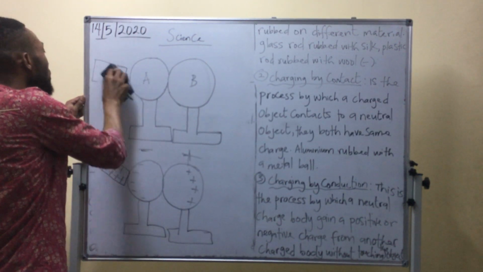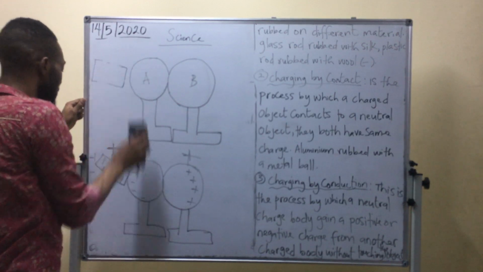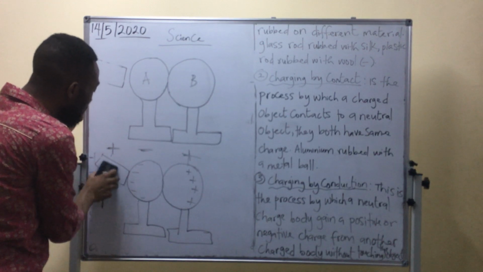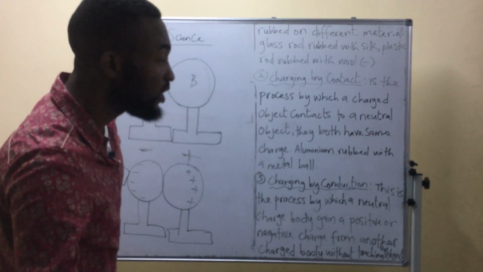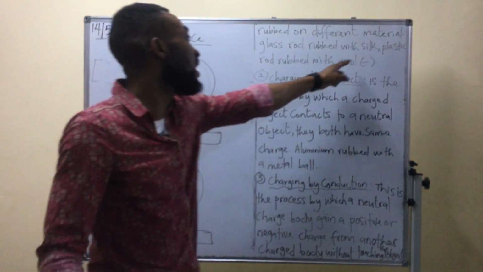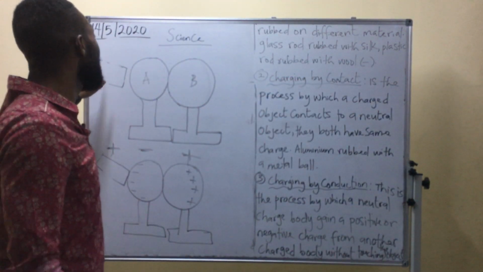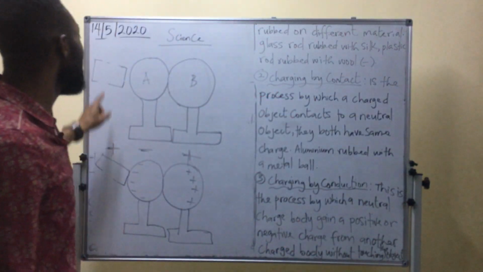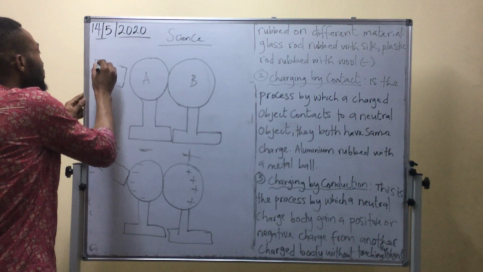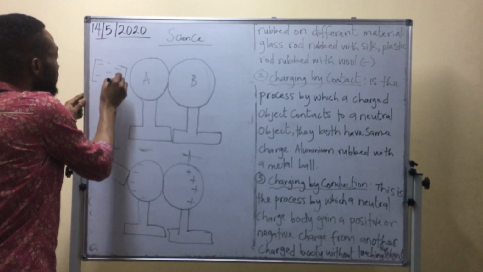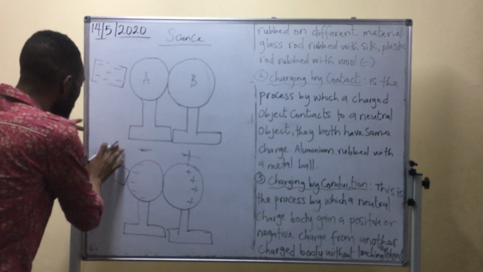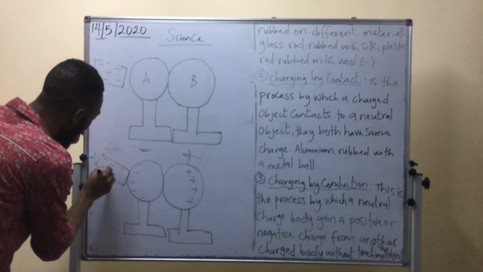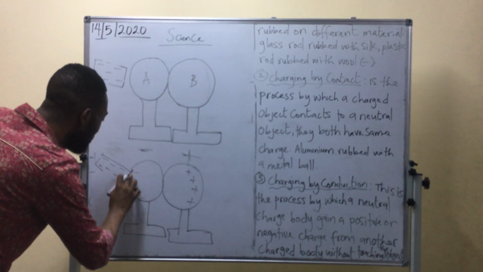But in a situation whereby, depending on the type of material you rub with the aluminium, if you rub with a silk material, possibly you will get a positive charge. But if you rub with wool, possibly you will get what? A negative charge on the aluminium. So if you have negative charges on this aluminium, maybe if you rub with wool, the sign here will change.